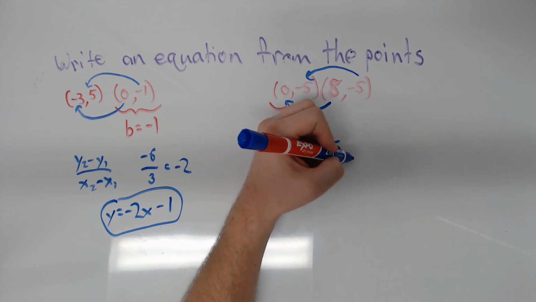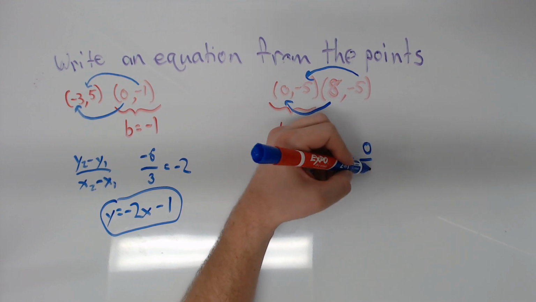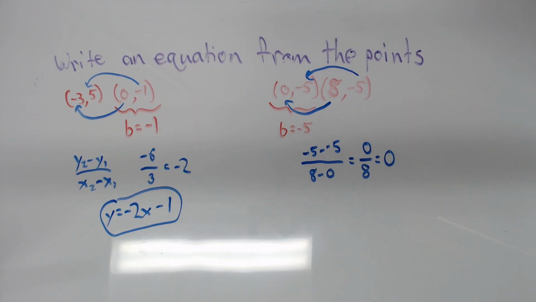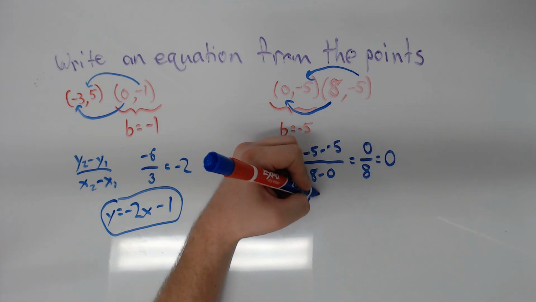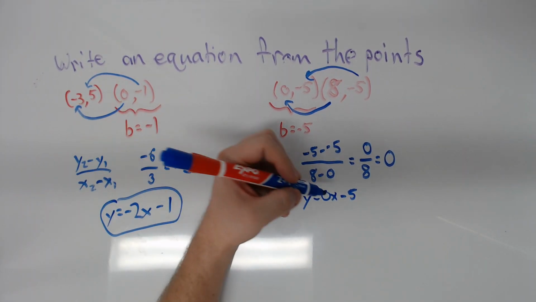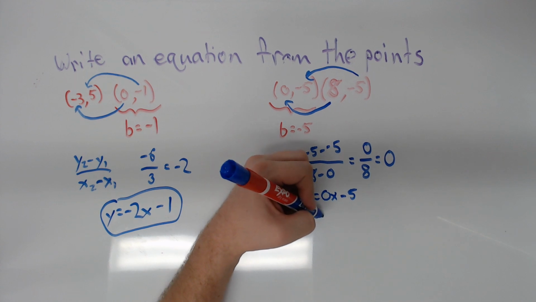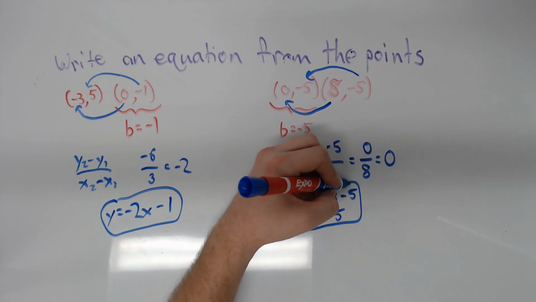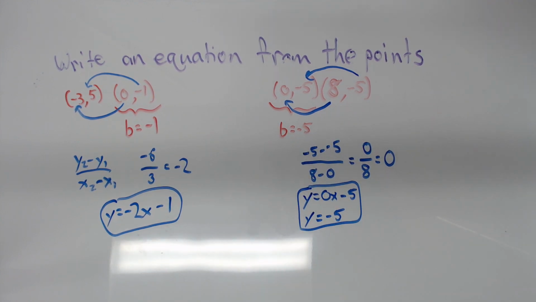Negative 5 minus negative 5 is 0. 8 minus 0 is 8. 0 divided by 8 is just 0. That's my slope for this problem. y equals 0x minus 5. And we don't really have to write that 0. All right. So that's finding an equation from 2 points.